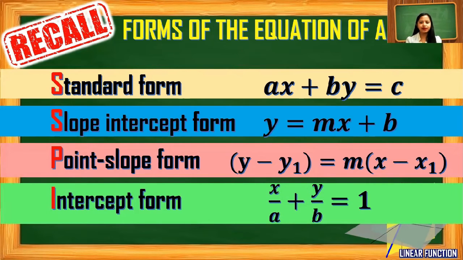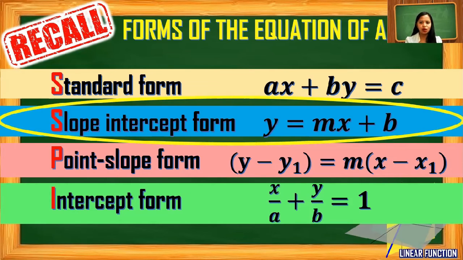Lastly, we have the intercept form, which is x over a plus y over b is equal to 1. But let us not focus on everything here. Let us just focus on the slope-intercept form, which is y is equal to mx plus b.